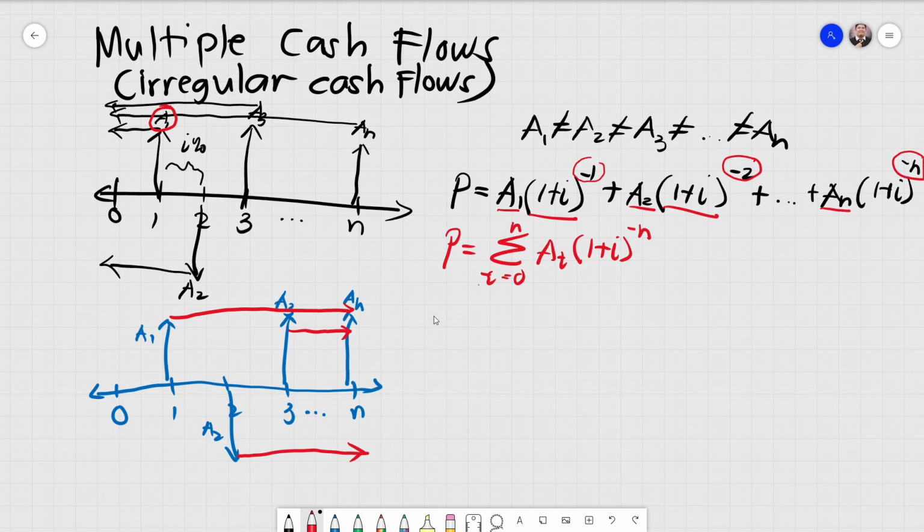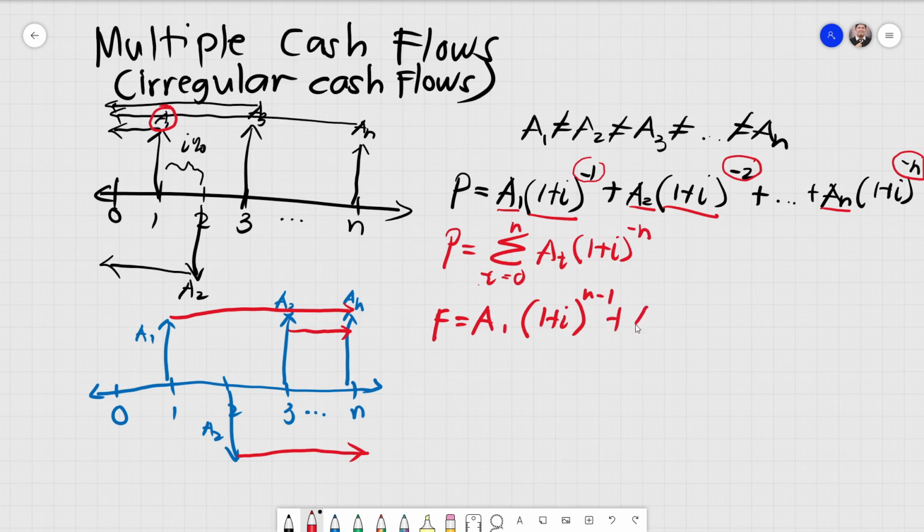How do we find the future value of these cash flows mathematically? So we have this formula, no? A sub 1 times 1 plus I raised to n minus 1. Saan galing yung exponent na n minus 1? So, bibilangin lang natin yung number of periods in between 1 and n, and that is n minus 1.